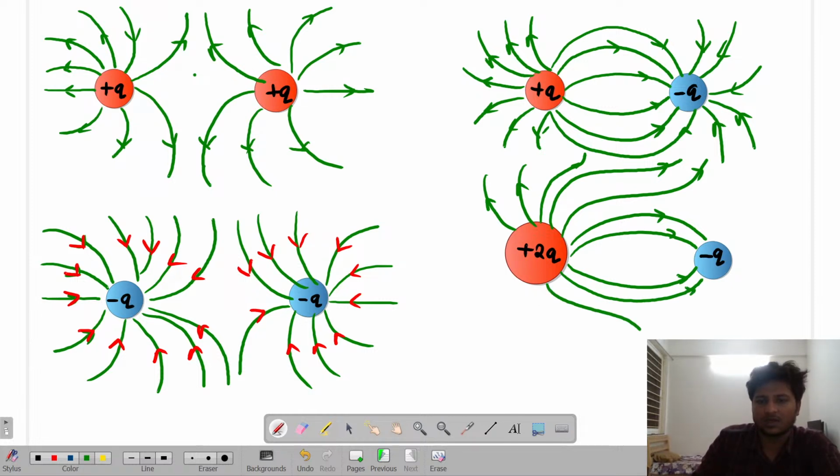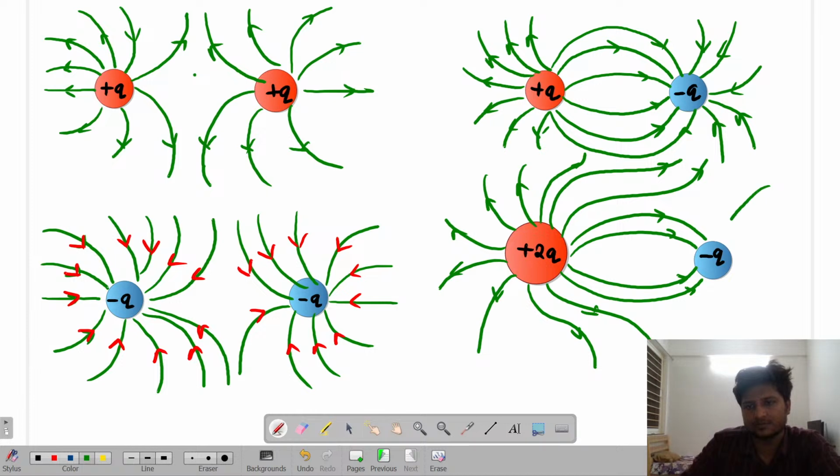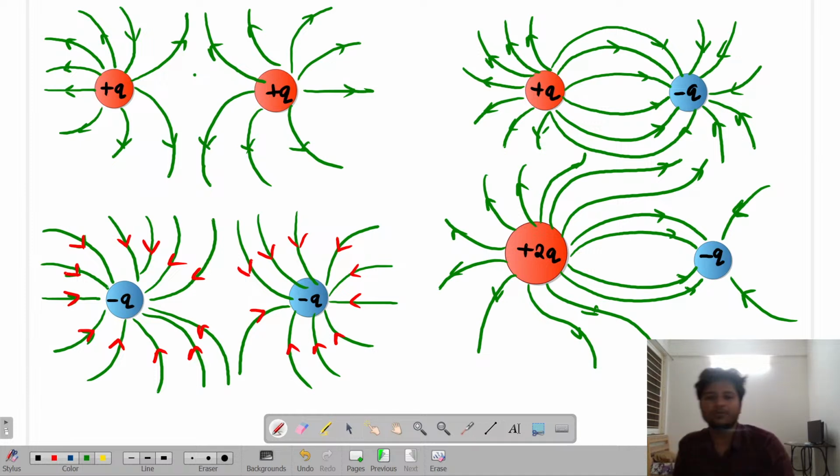Others are just going off into space. Are you able to get me or not? Is that clear? And on minus q, very few electric field lines will be seen concentrating or converging on minus q. Are you able to get me or not? Is that clear?